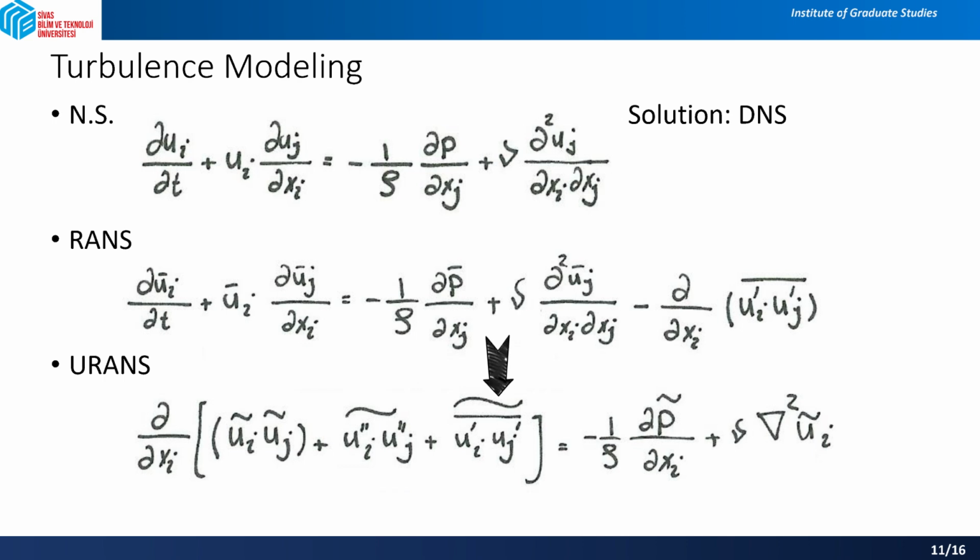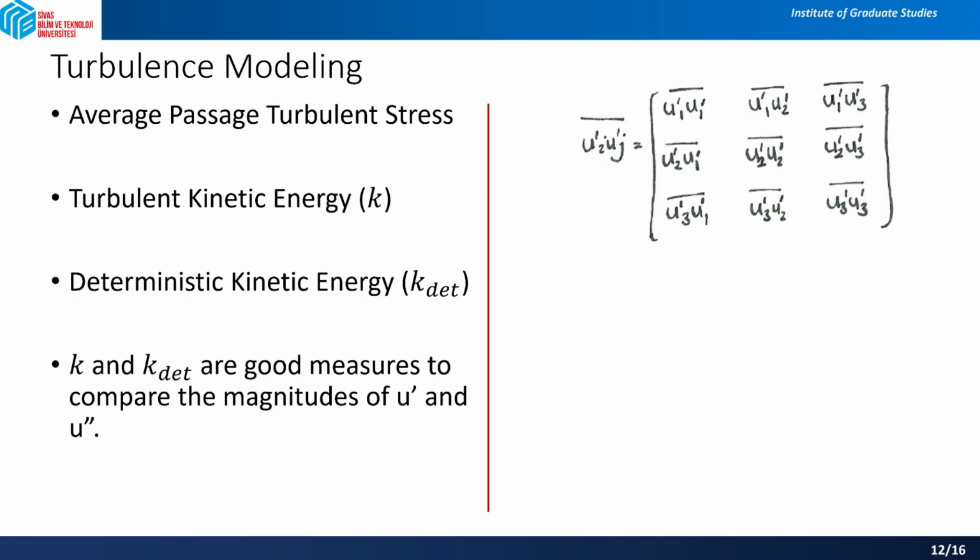Average passage because it has this bar and then tilde. So this is average passage stress. Stress why? Because these are two components of fluctuations that are multiplied. That's why we call it stress. So we have deterministic stress and we have average passage stress.